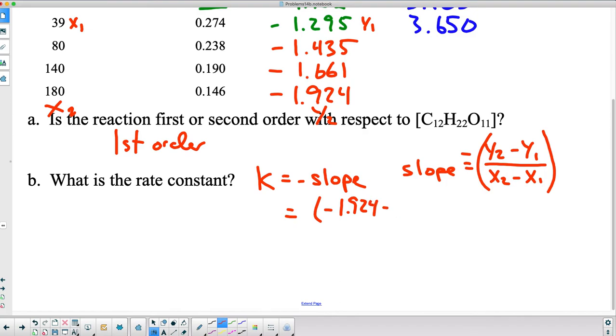So that means that I'll do the negative 1.924 minus a negative 1.295, like that. And then 180 minus 39.